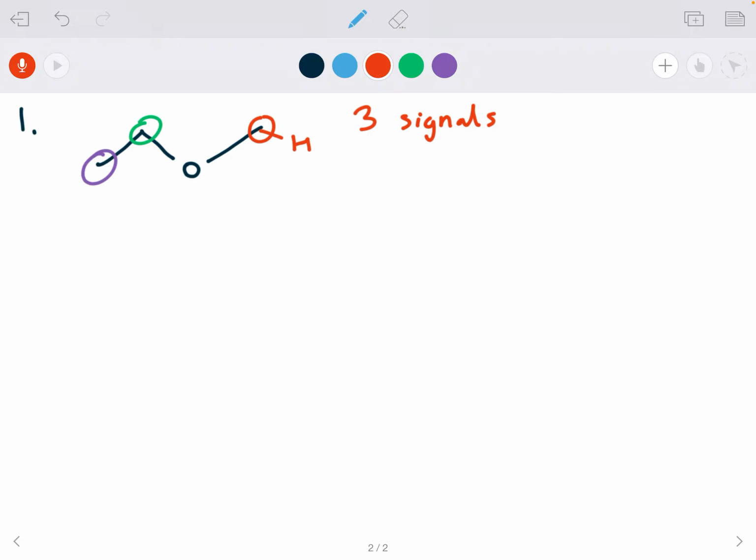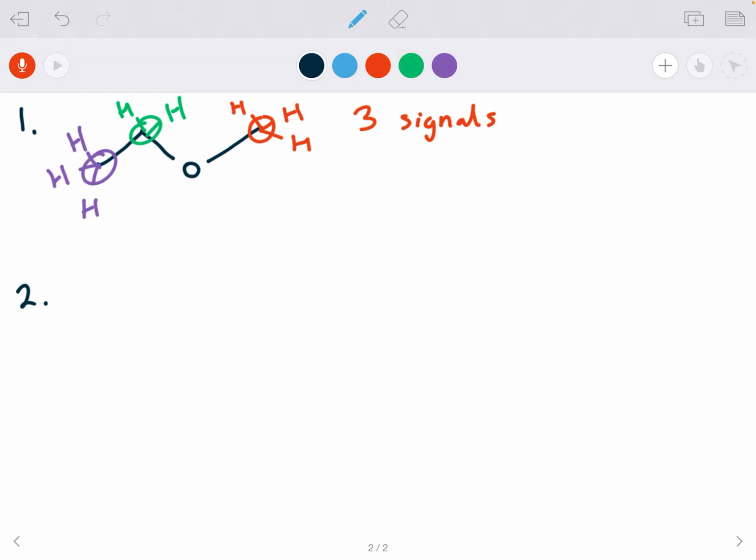Right, the 3 hydrogens here, they're all identical. Right, so we're considering them the same hydrogen basically. That will come with integration, which will be another video where we'll determine the number of hydrogens. But here, this is all the same signal because they're on the same carbon. Then the 2 hydrogens here are on the same carbon, so that's another signal. And then finally, we have the signal down here with those 3 hydrogens.